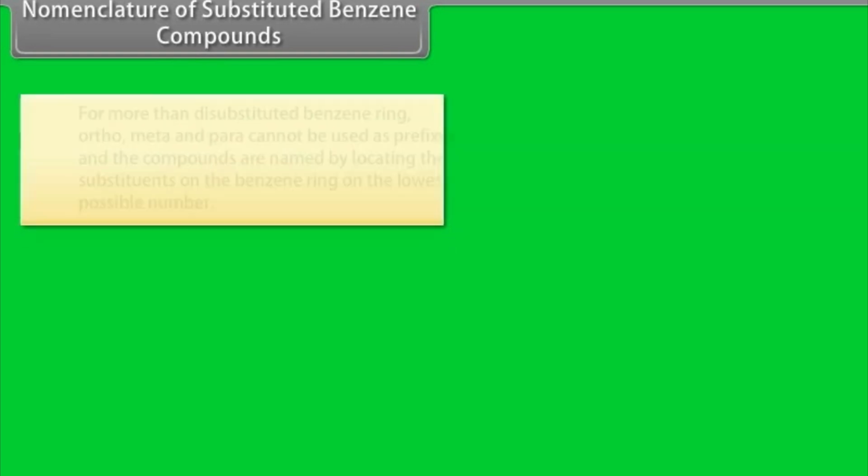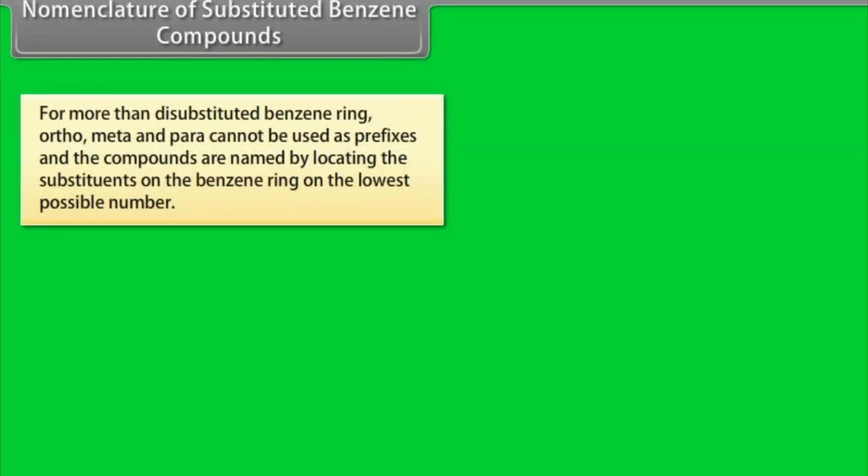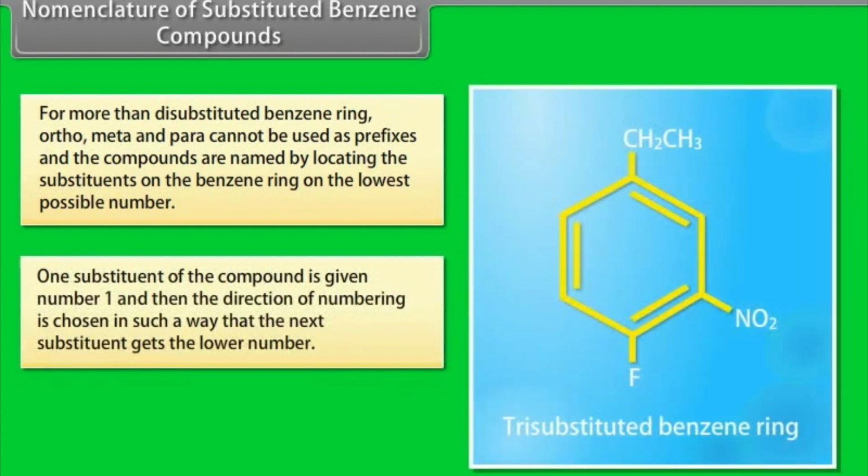Nomenclature of substituted benzene compounds. For more than di-substituted benzene rings, ortho, meta and para cannot be used as prefixes, and the compounds are named by locating the substituents on the benzene ring at the lowest possible numbers. One substituent of the compound is given number 1, and then the direction of numbering is chosen in such a way that the next substituent gets the lower number.